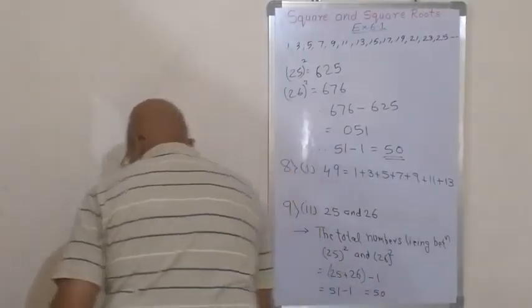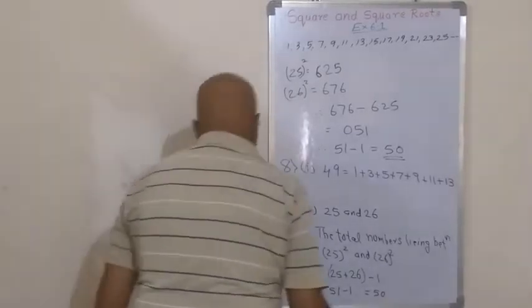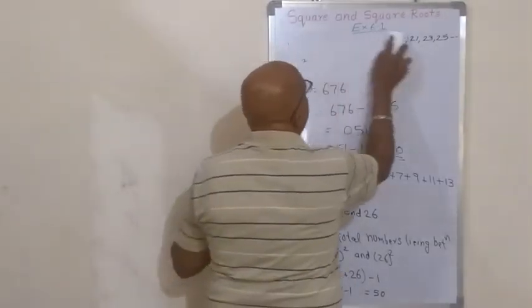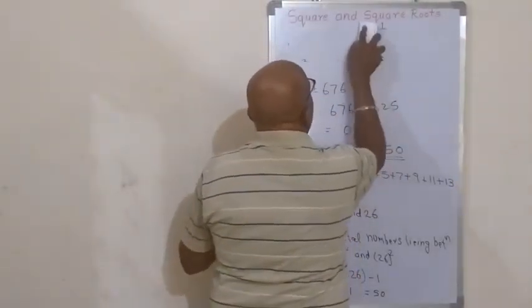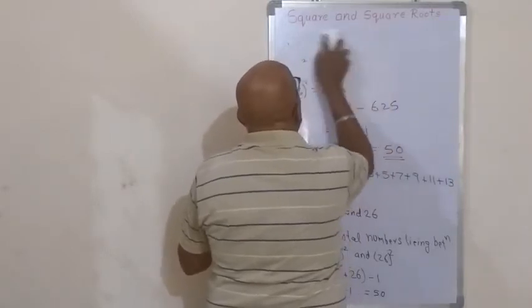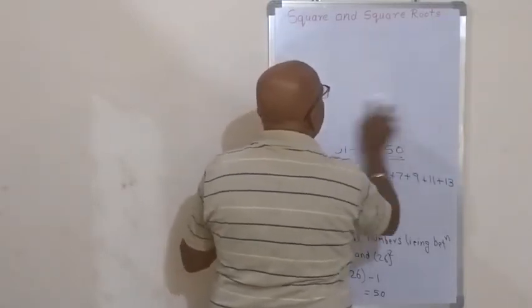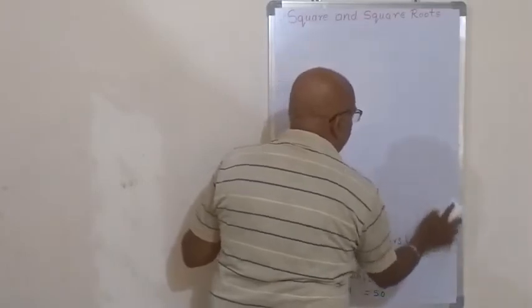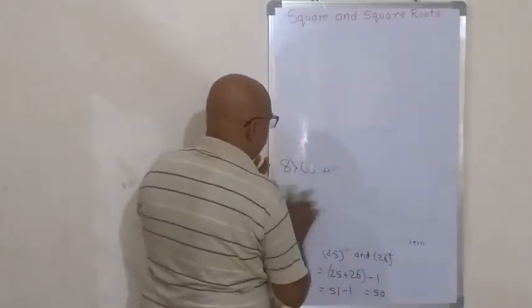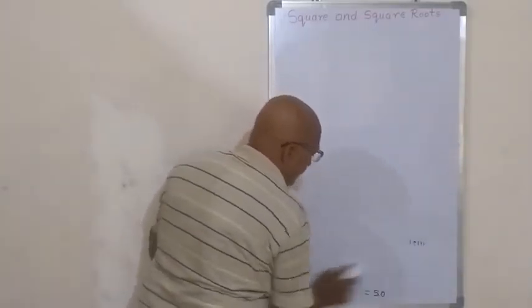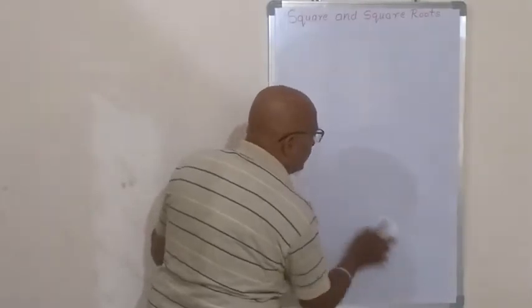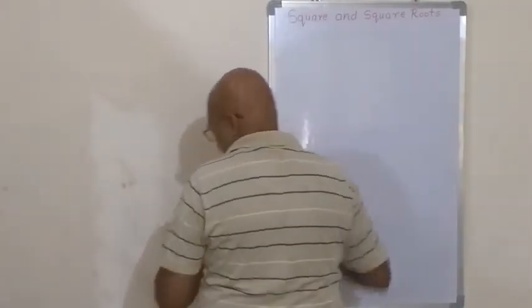Now we'll see about finding the squares, how to find the square of any number using identity. Now you know the identity, a plus b whole square, a minus b whole square.